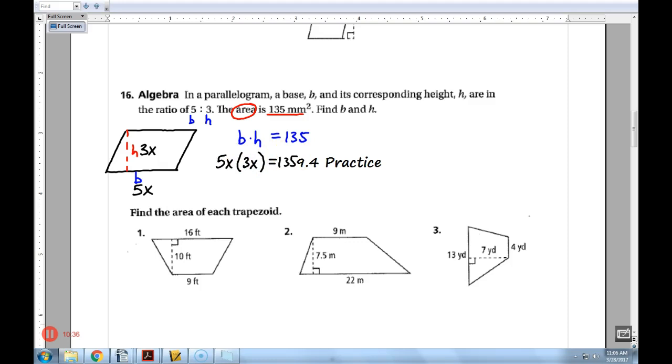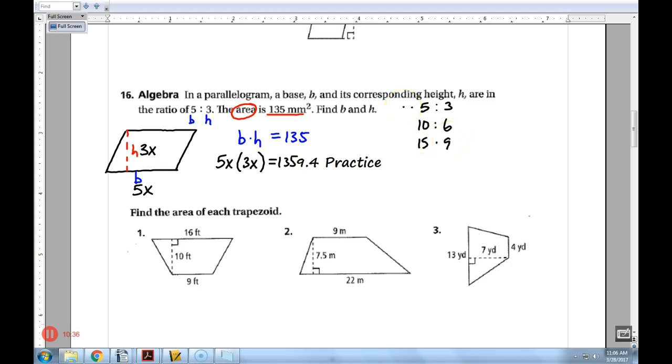Now if your algebra is not very good right now, you could just start trying numbers. You could say, well, if it's in ratio from 5 to 3, we could try 10 to 6. That would be the same ratio. We could multiply our top row by 3 and get 15 times 9.